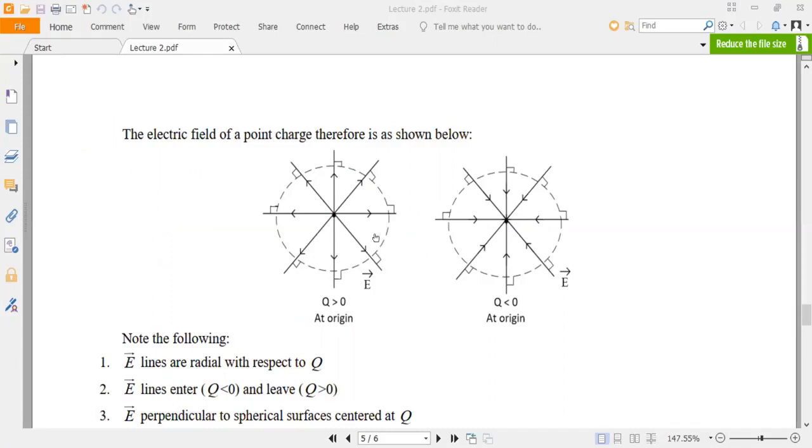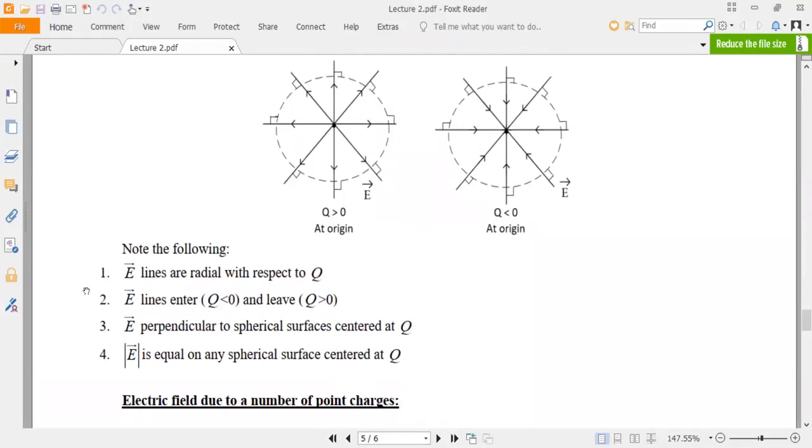So these are the notes which I have just now explained to you. See, the electric field lines are radial with respect to x. They are radial, and the lines enter for q less than 0 and leave for q greater than 0. That means for a positive charge, the lines go away from the charge, and when the charge is negative, the arrows come toward the charge.